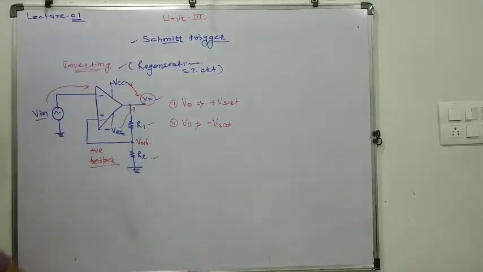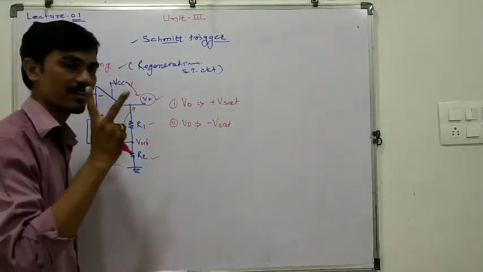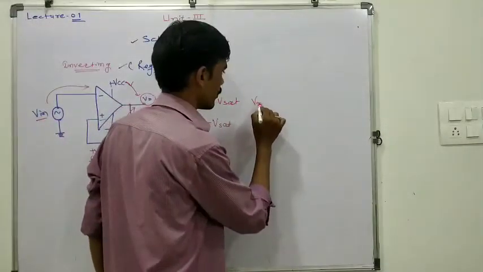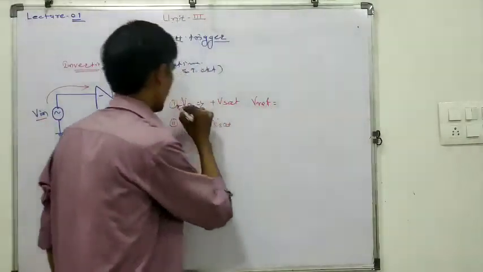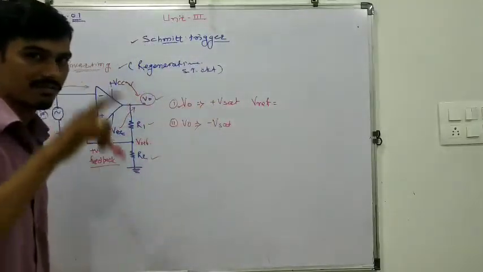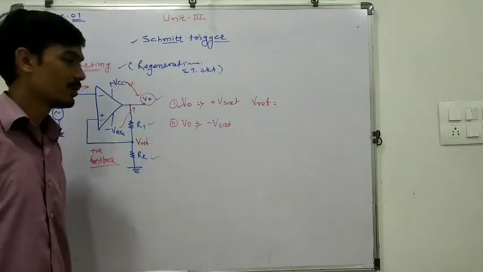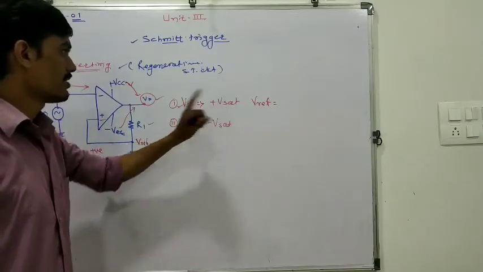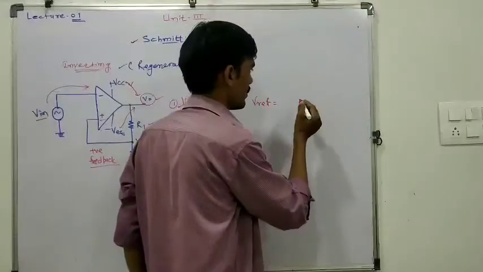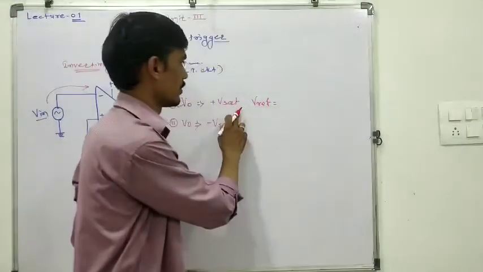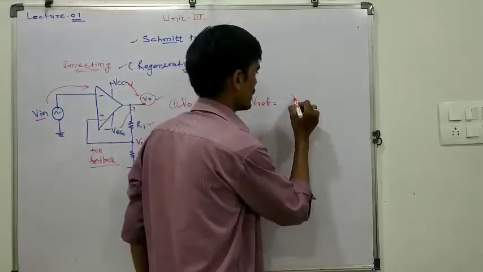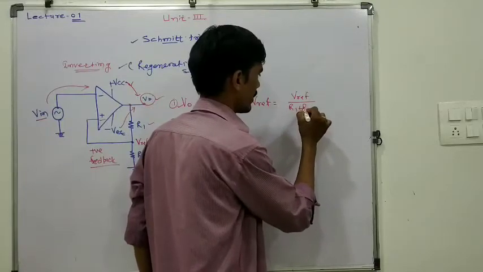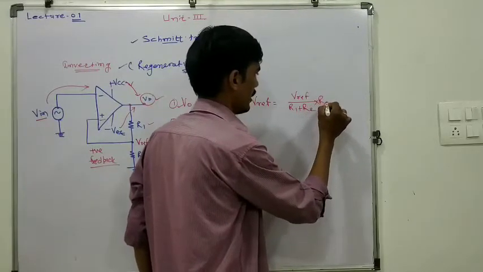So ultimately I can say I am having two reference voltages. Because we know that V reference equals VO by R1 plus R2 into R2, the first V reference is plus VSAT divided by R1 plus R2 multiplied by R2.